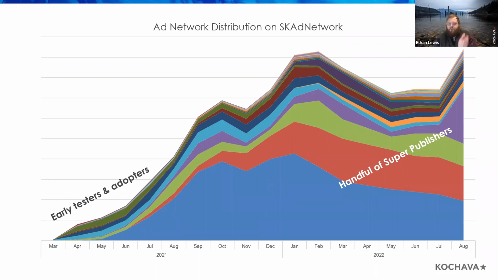But once that full release started to ramp up, we saw a disproportionate breakdown of a lot of the super publishers coming into the space and where a lot of the SKAdNetwork signal was being captured. So for me, what this really means is it's really important to pay attention to the distribution of your campaigns across your partners.